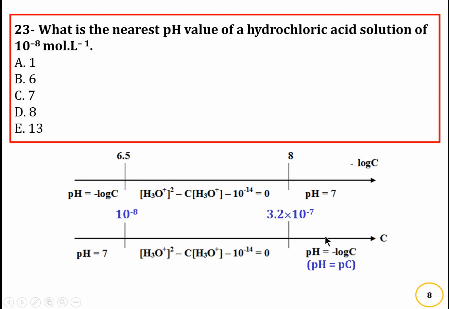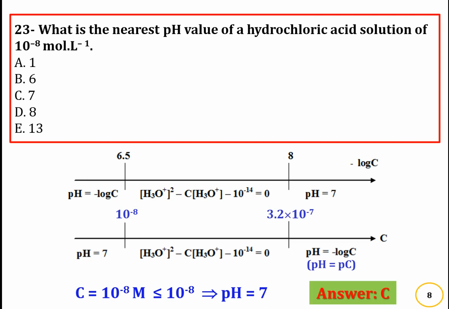Or according to the concentration, we define the 2 domains 10^-8 and 3.2 × 10^-7. So if the concentration is less than or equal to 10^-8, pH equals 7, and this is the case in this exercise: the concentration equals 10^-8 molar, which is in the domain of pH equals 7. So the correct answer is C.